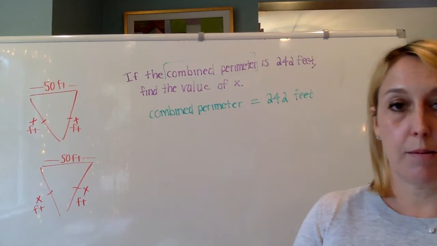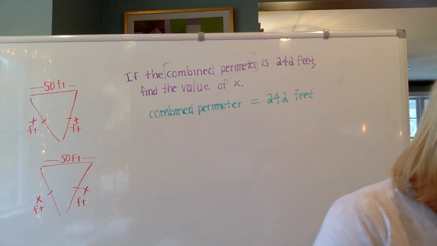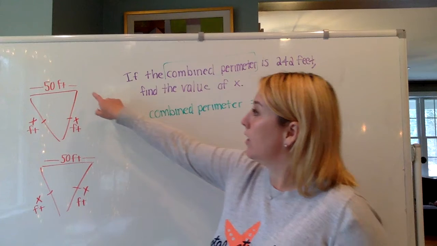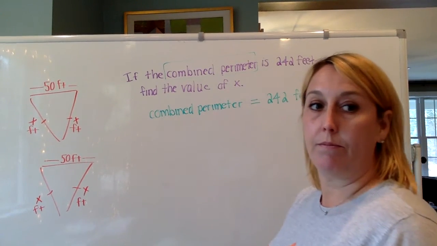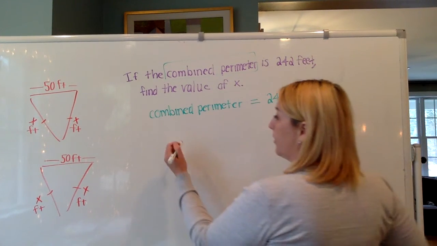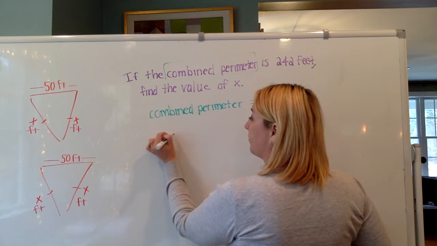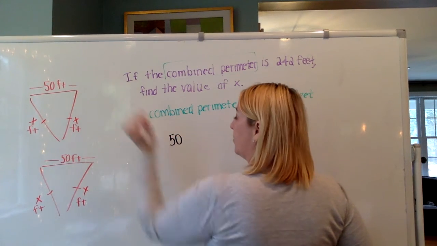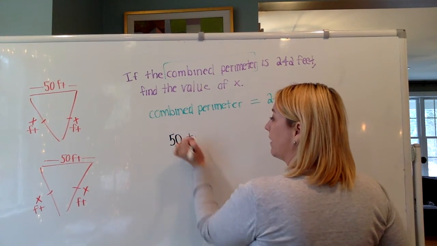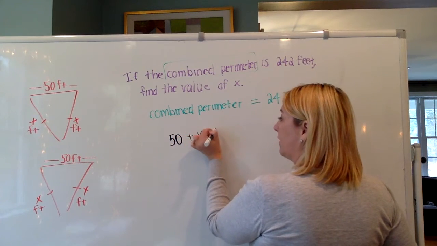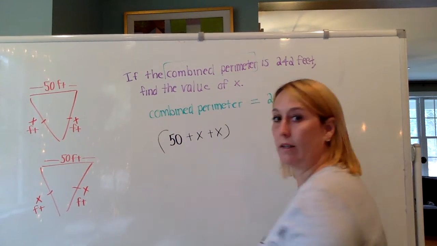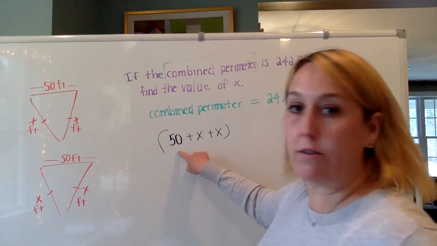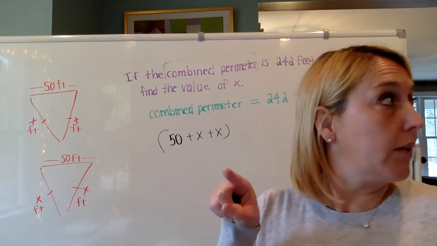How do we find the combined perimeter? Well, let's start with shape number 1. We know that it is 50 feet, that's the base, plus x, right? That's how we would find the perimeter, because perimeter is adding up all of the sides.